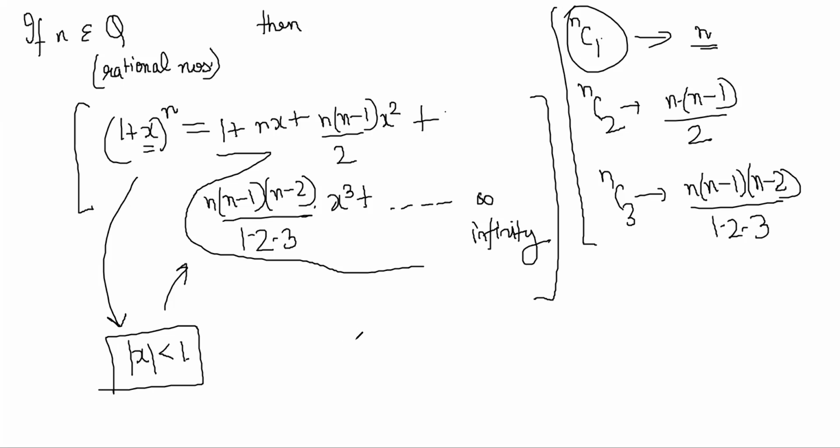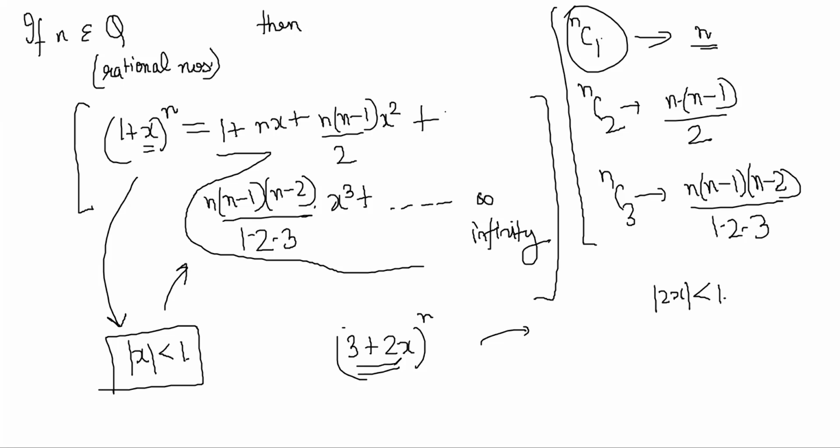Sometimes they could give you things where it is not immediately certain, like (3 plus 2x) to the power n, and n is some fraction. The series is defined only when mod of 2x is less than 1.